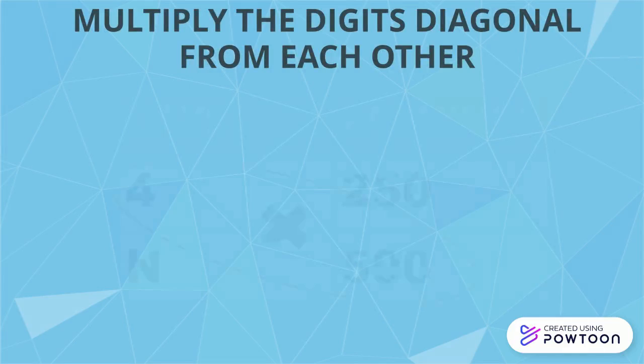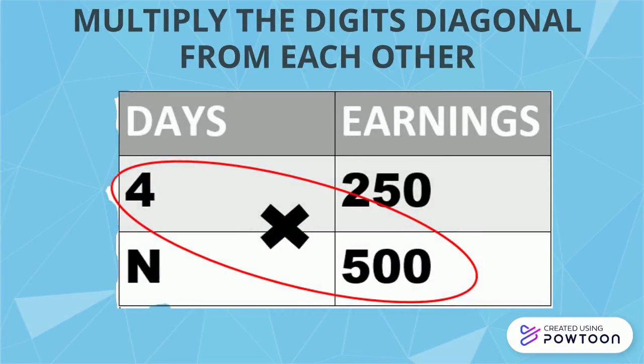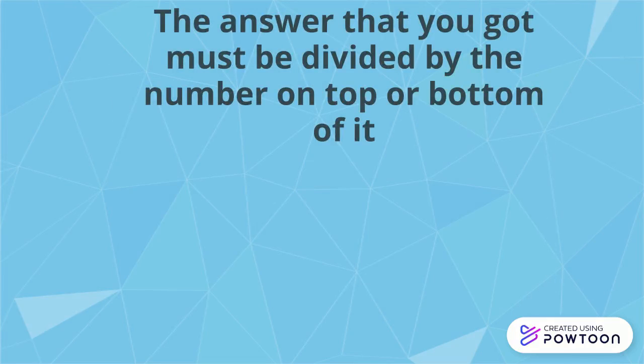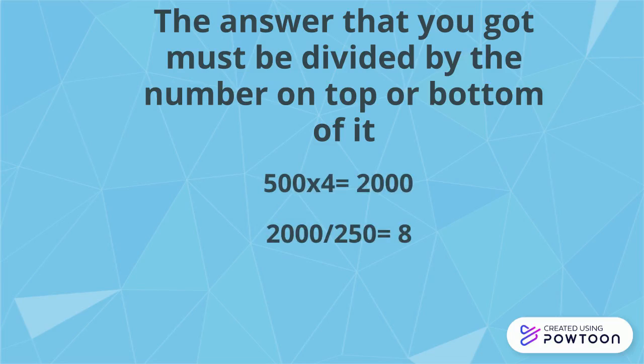Multiply the digits diagonal from each other. The answer that you got must be divided by the number on top or bottom of it. So 500 multiplied by 4 is equal to 2,000, and 2,000 divided by 250 is equal to 8. So our answer is 8.